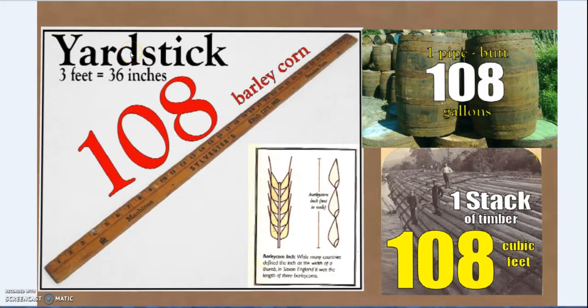Even the word yardstick is a word you would use to measure something. Is it truthful? Is it real? The yardstick. But 3 feet is 108 barleycorn. Stacks of timber, 108 cubic feet, so third dimension. But even pipes or butts of wine and beer, 108 gallons.